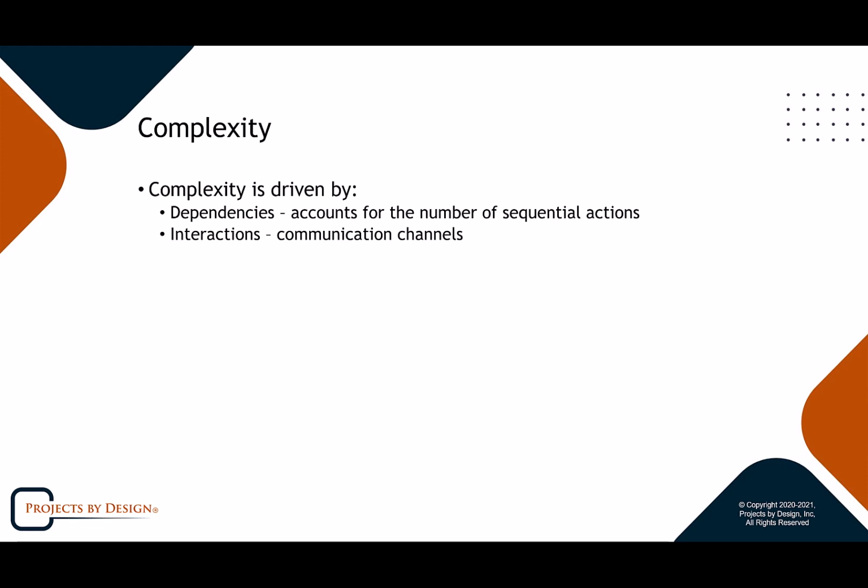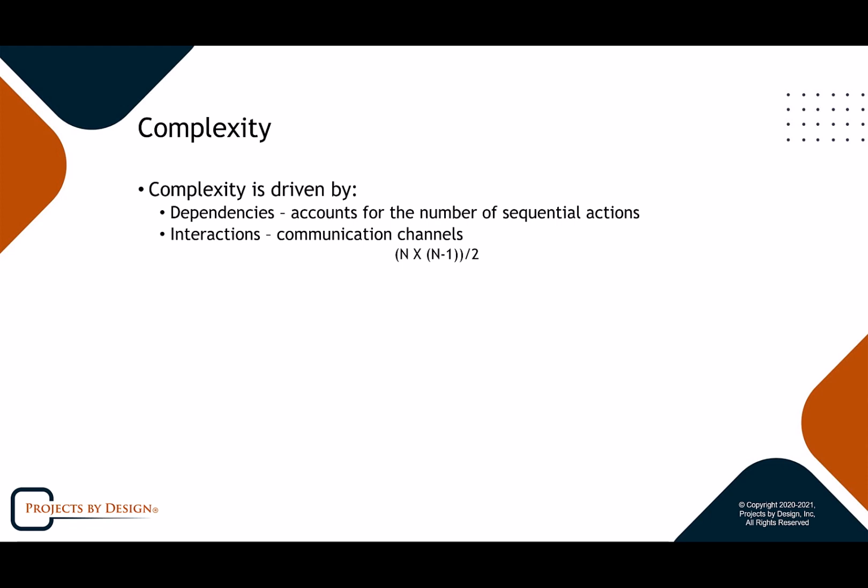The interactions that occur. And I use the communication channel formula quite a bit in my thinking, if not actual calculations. And so the communication channel formula is the number of people or systems or objects involved times that number minus 1, divided by 2.